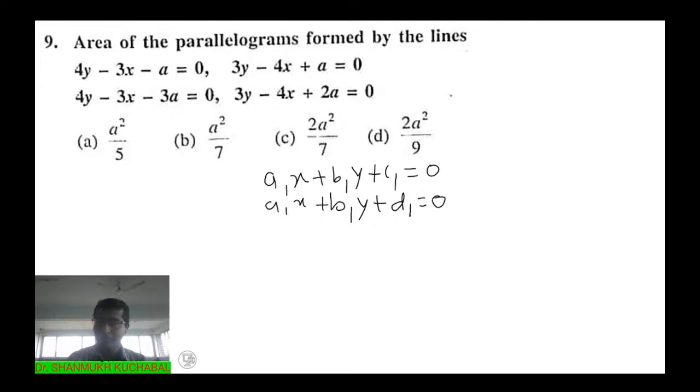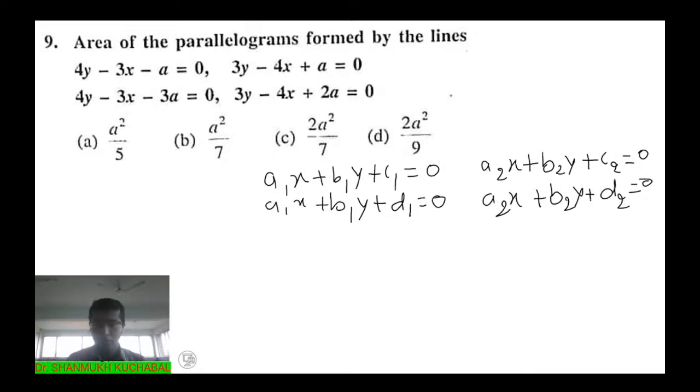Next a2x plus b2y plus c2 equal to 0. Next a2x plus b2y plus d2 equal to 0. We observe that these two equations are parallel, and these two are parallel.